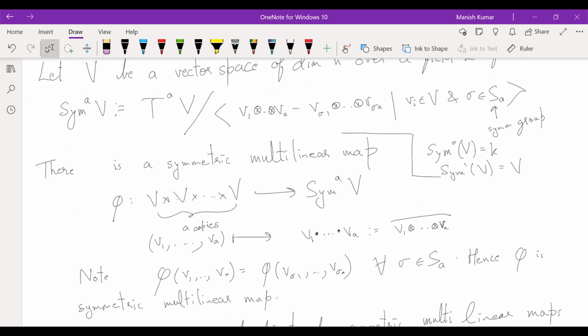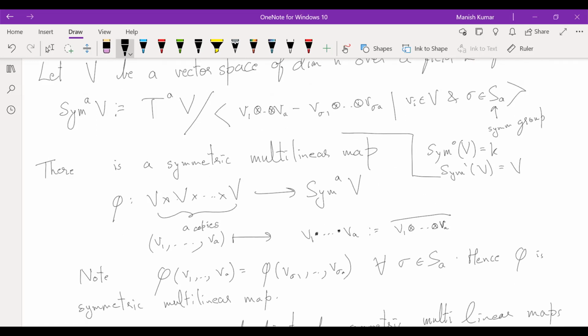By definition, this is the image of v1 tensor ... tensor vA. So in Sym^A V, the notation we use for v1 tensor v2 up to tensor vA is this dot. Instead of tensors, we use dot.